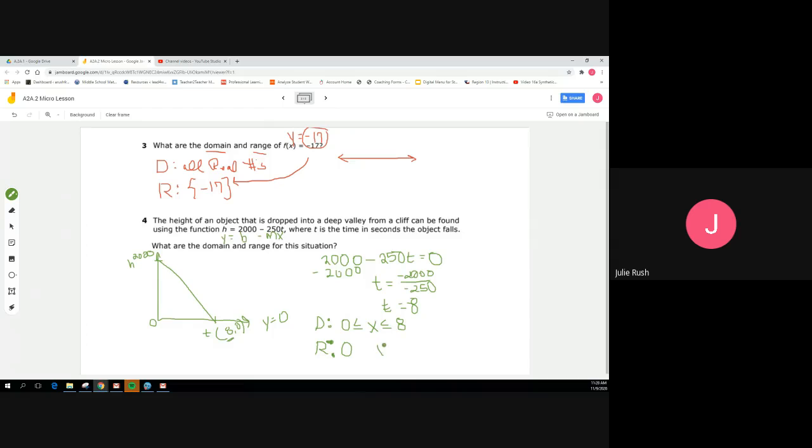And at the highest starts at 2000 feet. And it's an inequality statement that is inclusive of both of those numbers. And so our domain is from 0 to 8, and our range is from 0 to 2,000.